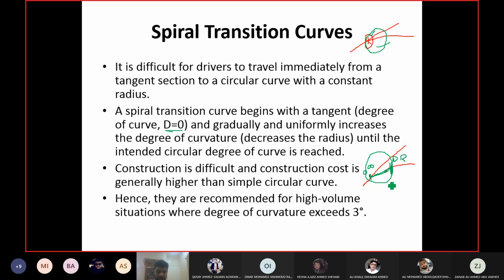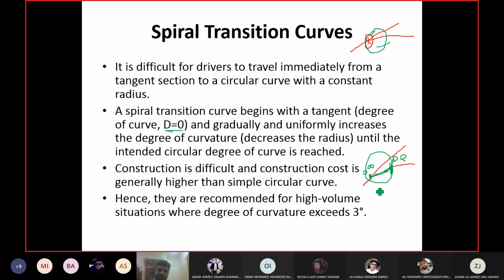That's why many horizontal curves are connected to the tangent without any spiral transition curve. The main reason is the difficulty of construction and the increase in cost.